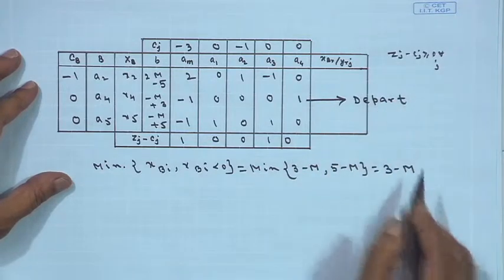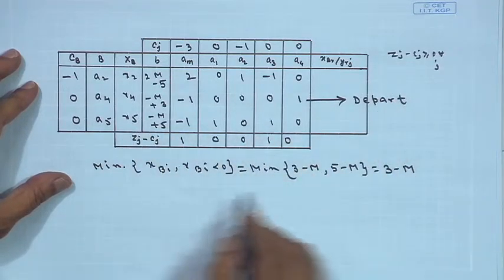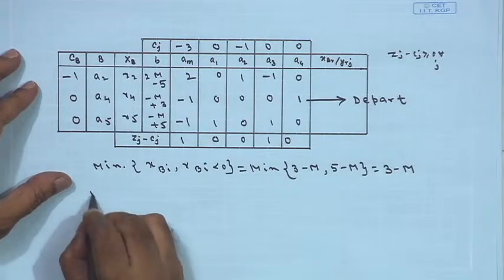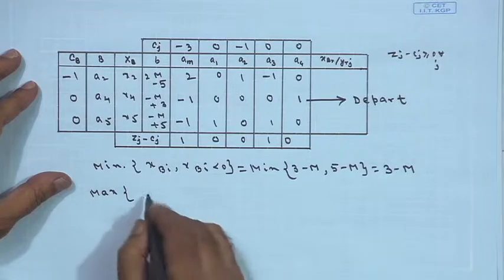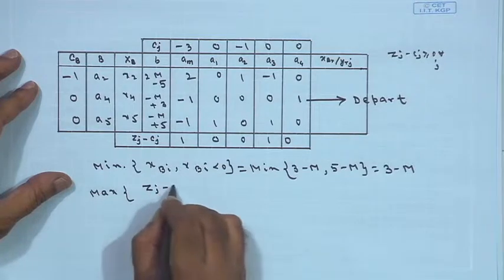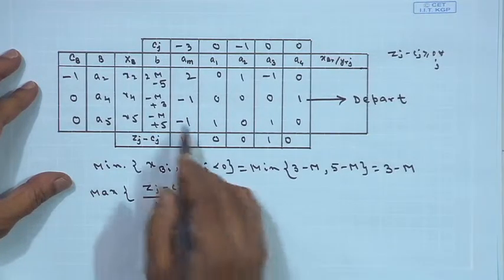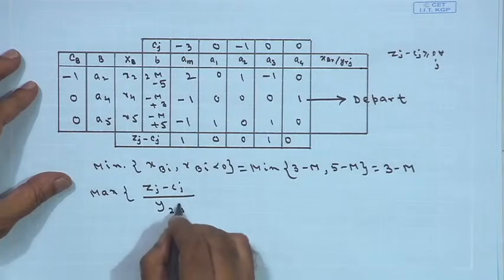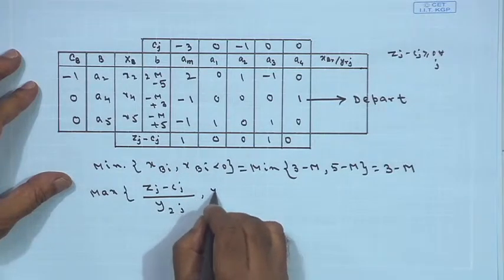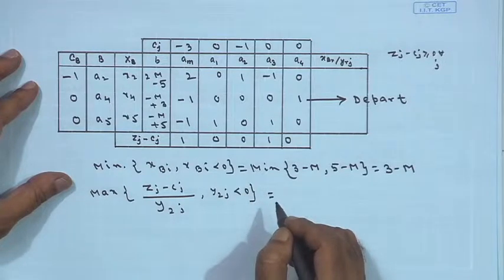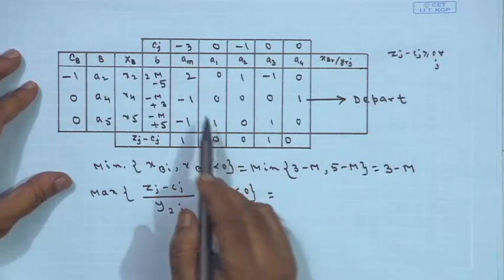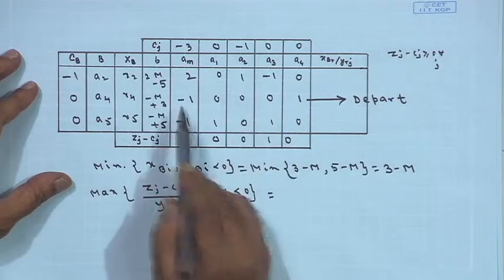Okay. So, the variable x4 will depart, will leave, and now I have to calculate which vector will enter. So, Zj minus Cj by y, this is the second row. So, it will be y2j, where y2j should be less than 0. I will check where y2j is less than 0. Y2j is less than 0 in this row at only one place.